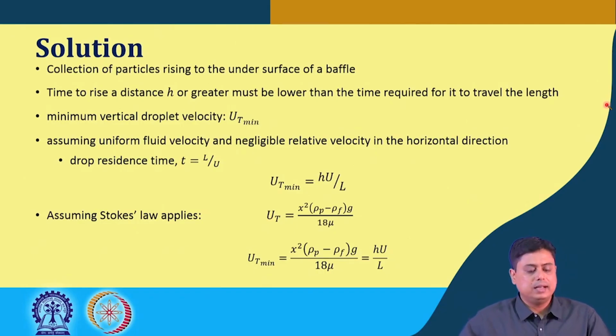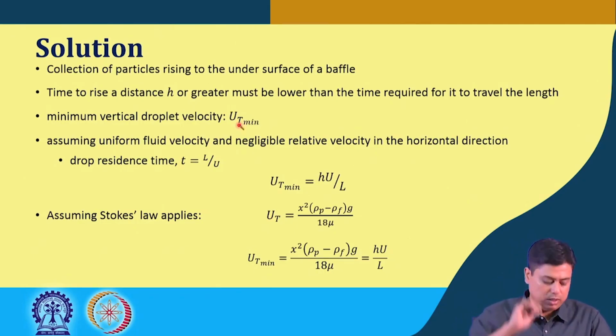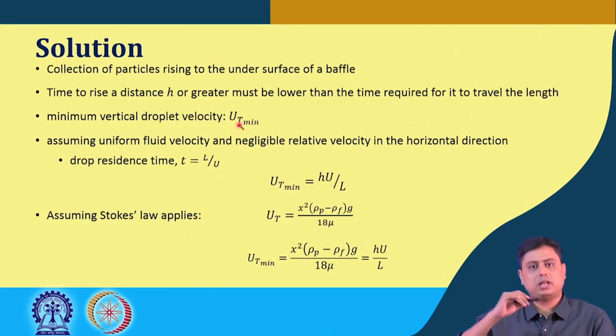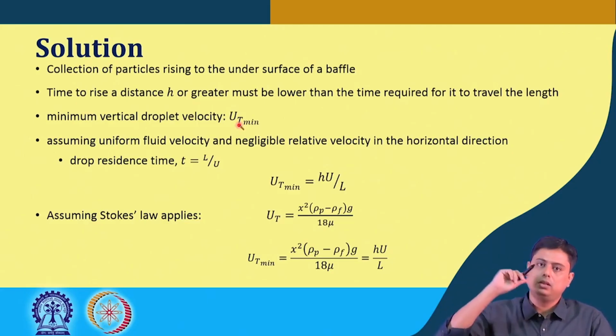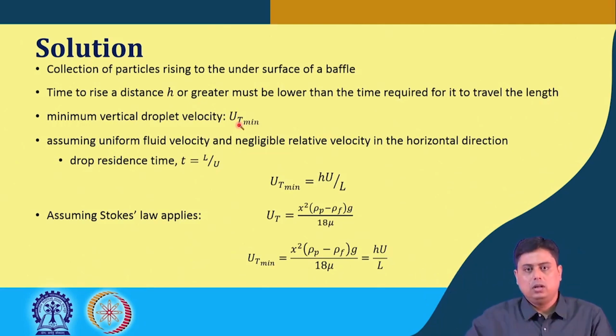So, if we now consider this minimum vertical droplet velocity as ut minimum, the terminal rise velocity, this is the minimum velocity that it requires, which equals this length over the time it takes for the whole path of its flow in the horizontal direction.